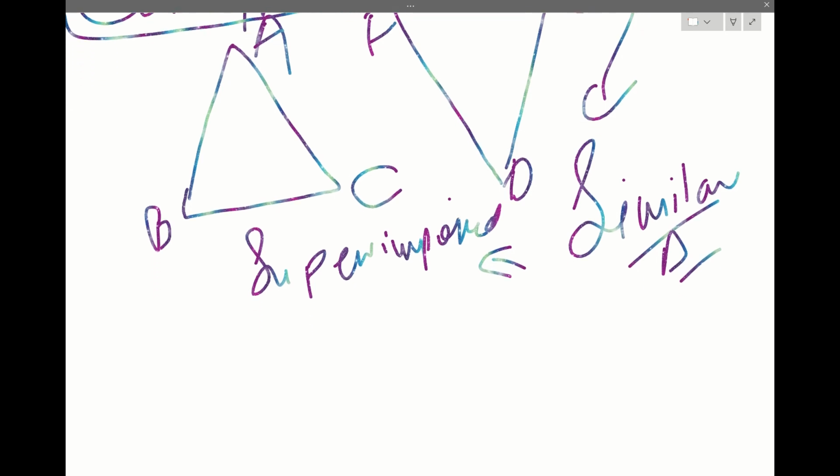So two triangles are congruent triangles if their corresponding sides are equal and their corresponding angles are also equal.